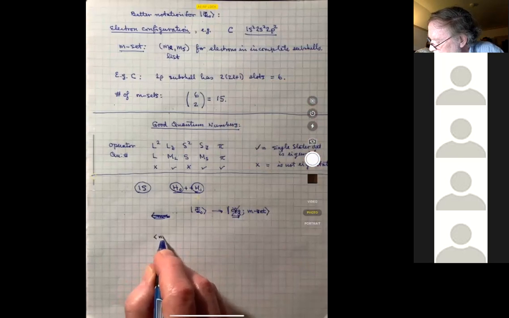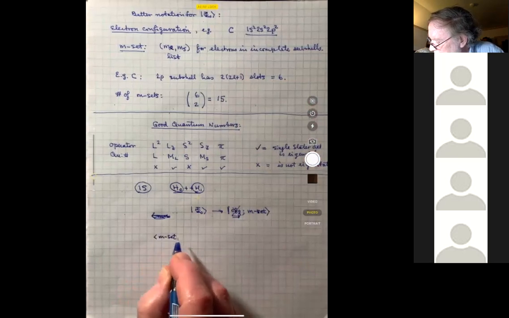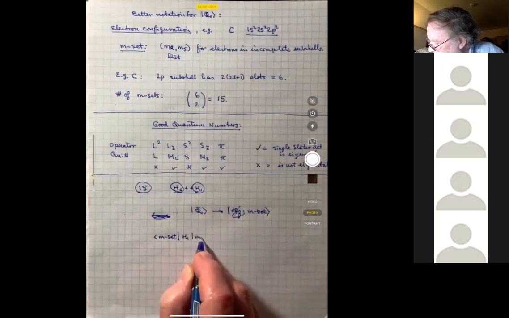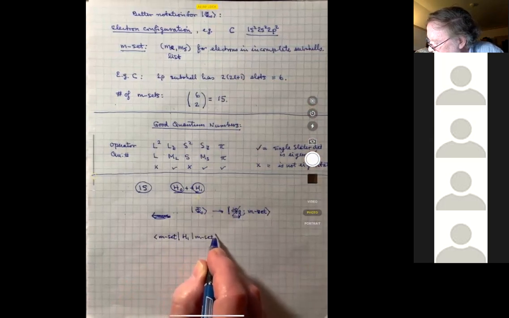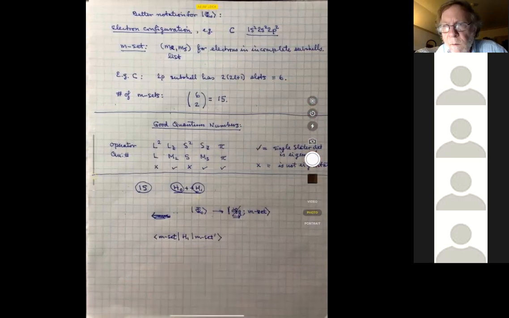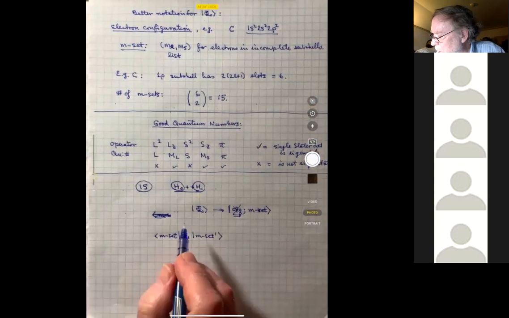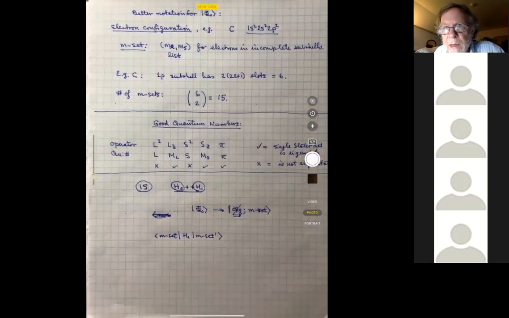Then, to do the perturbation theory, we need to consider matrix elements like this, where we've got M sets on one side and primed M sets on the other side. You'd have a 15 by 15 matrix here of H1, and you'd need to diagonalize that to find the energy shifts.